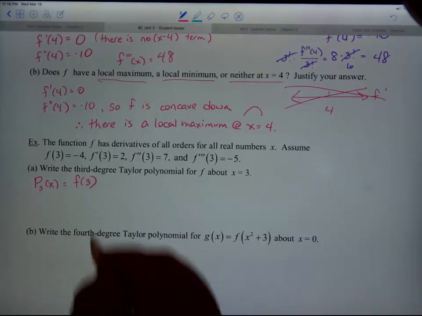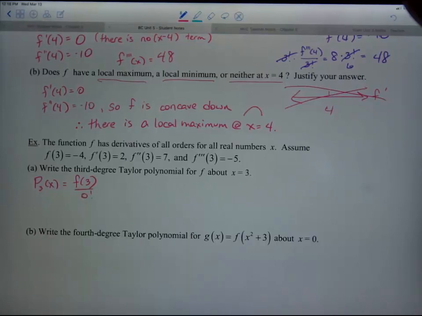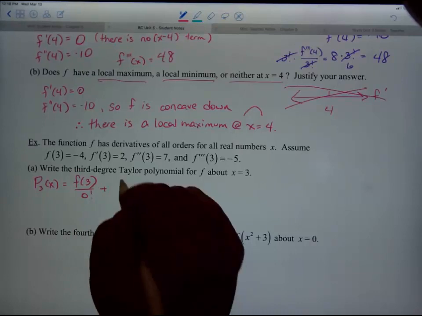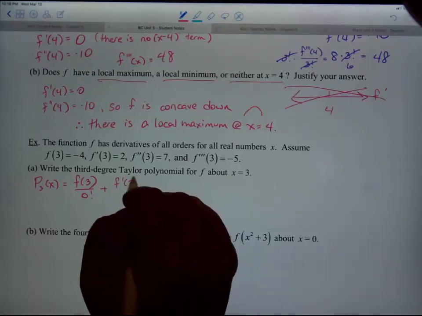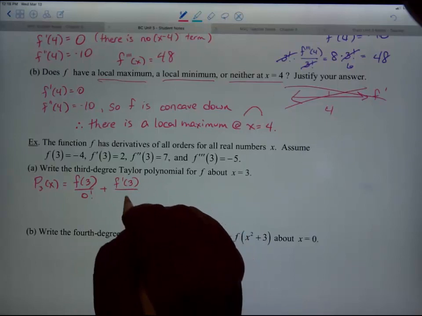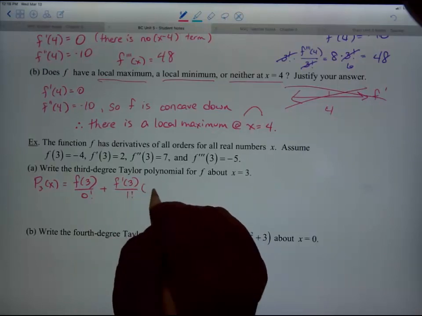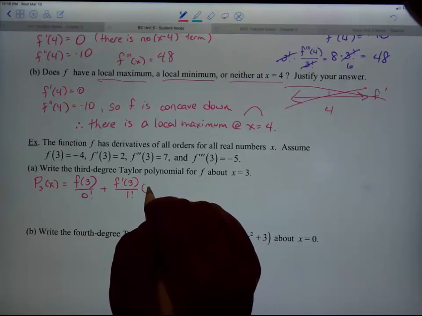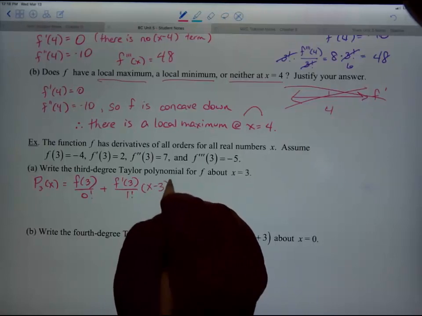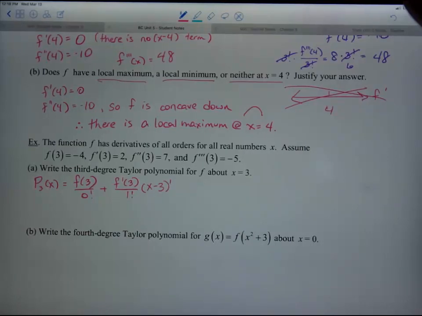If you want to put over 0 factorial, you can. You don't have to. Plus, what's next? F prime of 3 over 1 factorial. And then what? X minus 3. X minus 3 to the first. You don't have to put the first, but I do it to show that the 1 factorial and the 1 power are supposed to be the same.